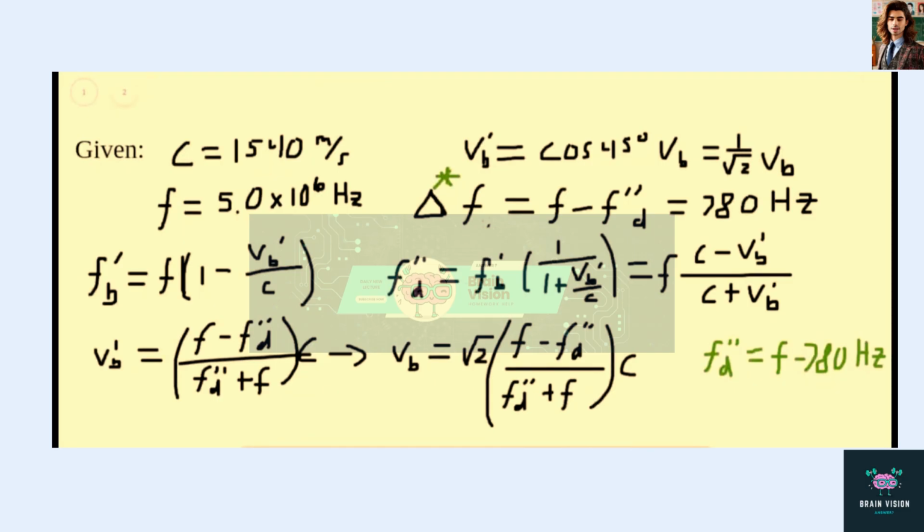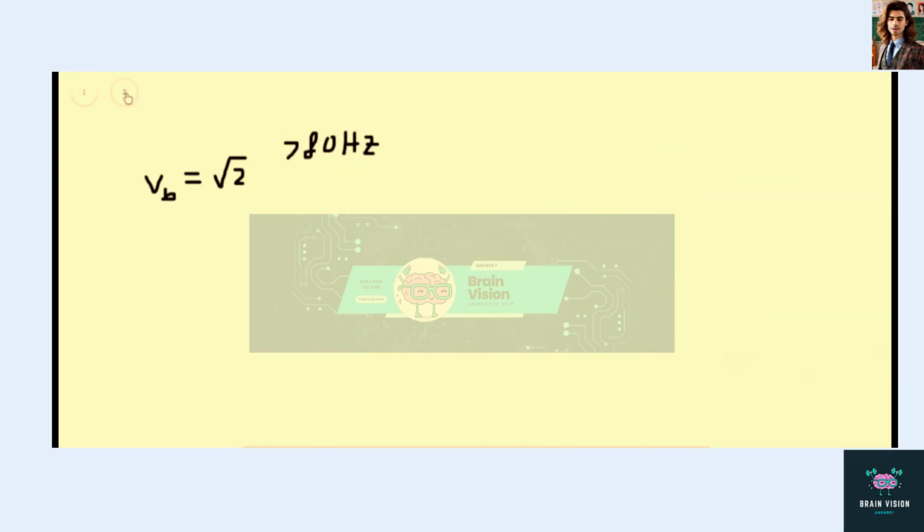So we end up with just 780 hertz. We do the same thing for the bottom, F double prime D plus F. We end up with 2F, the F's add, minus 780 hertz. And again, everything here is multiplied by C, the speed of sound.